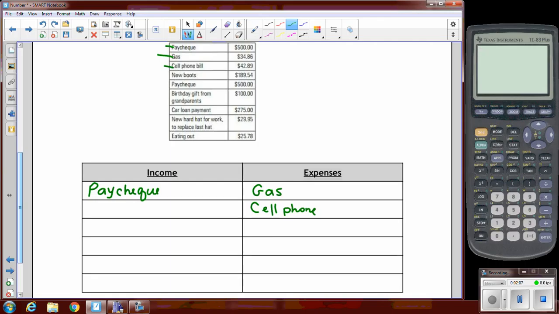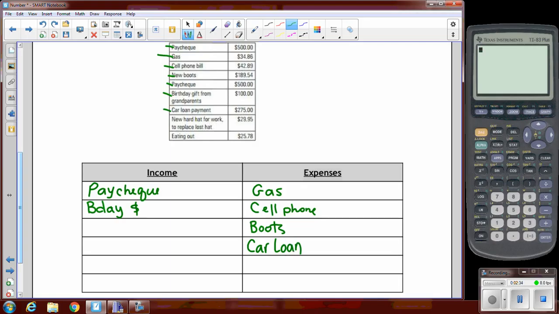New boots, definitely an expense. Paycheck, well, we already know that's an income. Don't need to list it twice. Birthday gift from grandparents, that's income. So we'll just say some birthday money. Car loan payment. So your car loan is an expense.